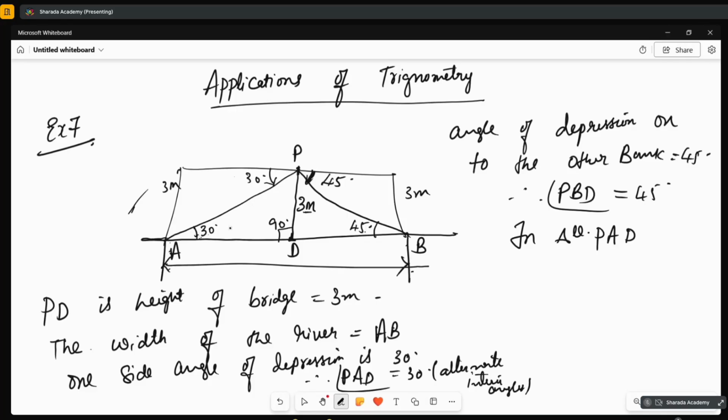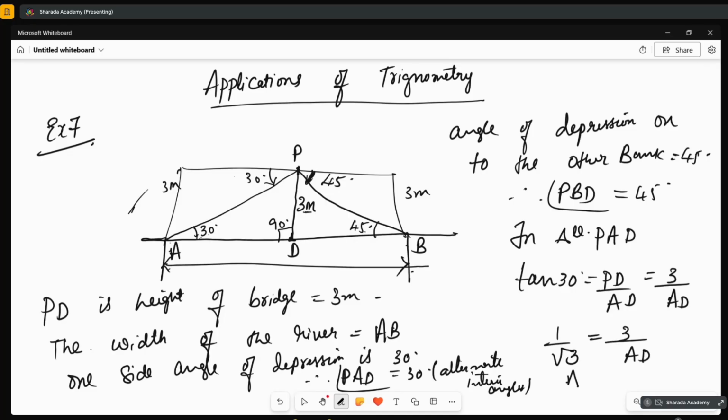If I take tan 30 degree is equal to PD by AD. PD is 3 divided by AD. What is tan 30 equal to? 1 by root 3. So 1 by root 3 is equal to 3 by AD.